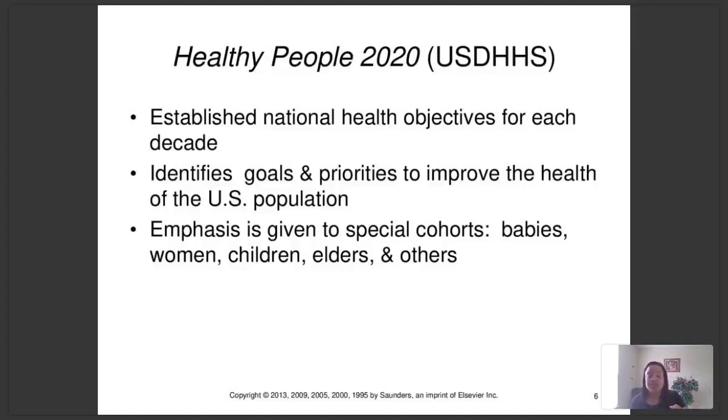You could think of other examples. They have babies, kids, they have the elderly, we have women. You can think of, for instance, prisoners. We can think of folks who are in vulnerable situations, folks who are sexually trafficked, for instance. So there's a number of categories of special cohorts you could give emphasis to.